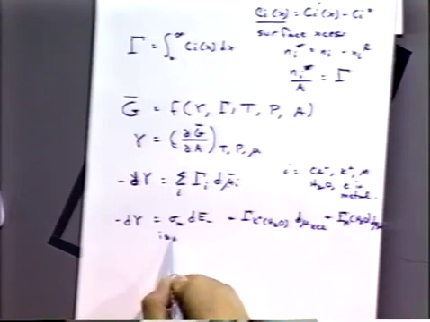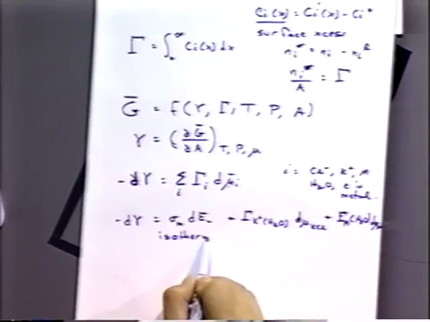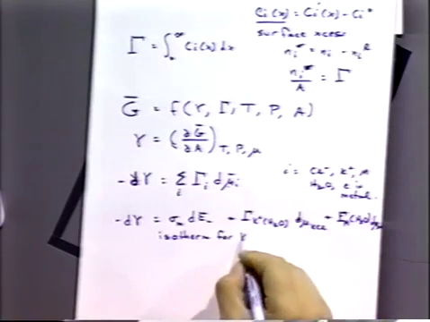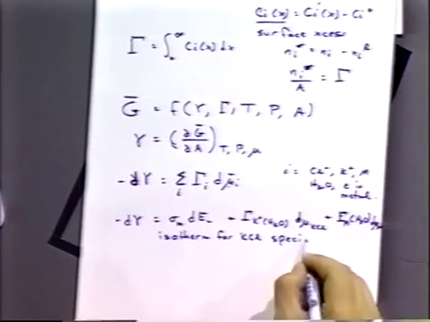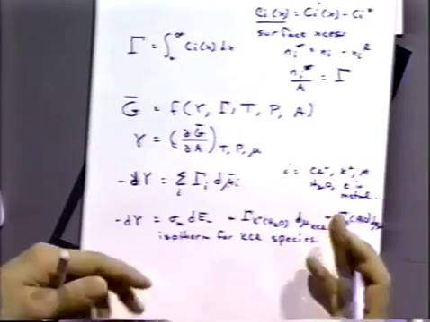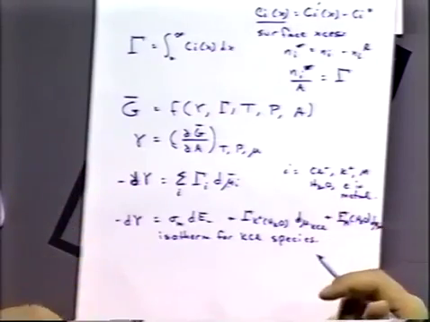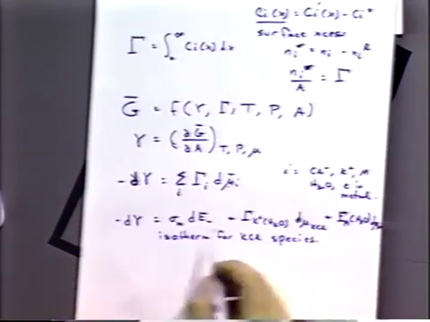And so this would be an isotherm for the KCl species. In other words, a description of the surface tension as a function of these other particular quantities.